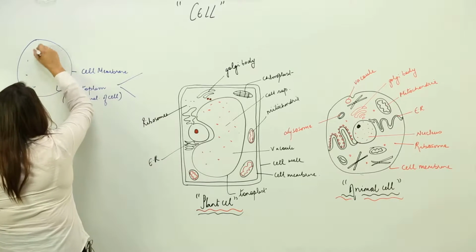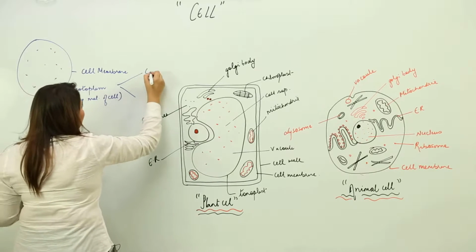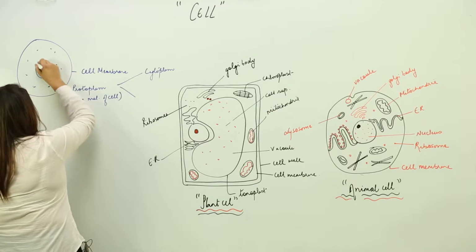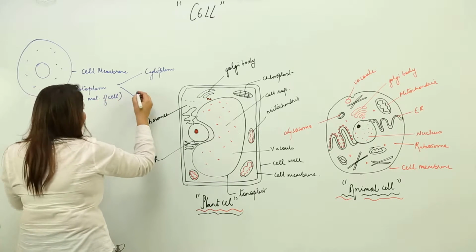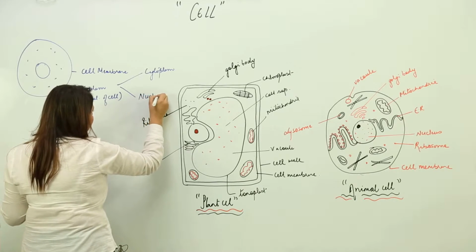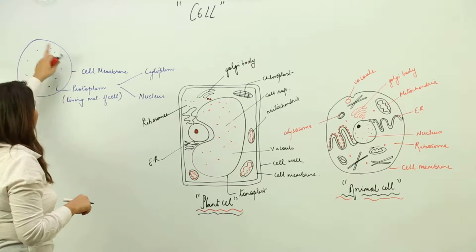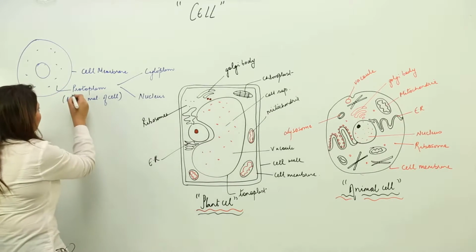That is the liquid part which is present within the cell, the cytoplasm, and the main controlling center present in it is the nucleus. So the cell consists of a cell membrane. It encloses the protoplasm.